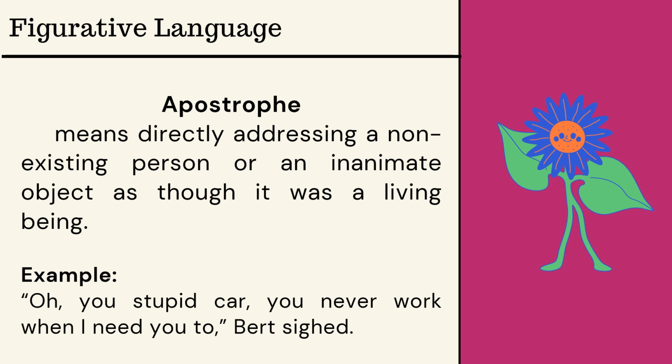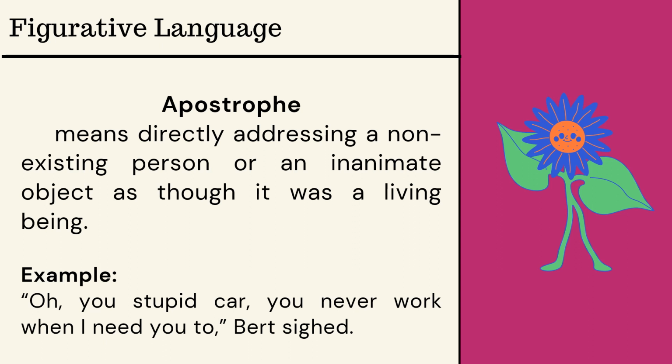Like, for example, oh, you stupid car, you never work when I need you to. So, meaning you're talking to someone or something that does not have the ability to reply back. Like in the case of this example, Bert told the car, you stupid car, as if the car was living and as if the car has the ability to reply.